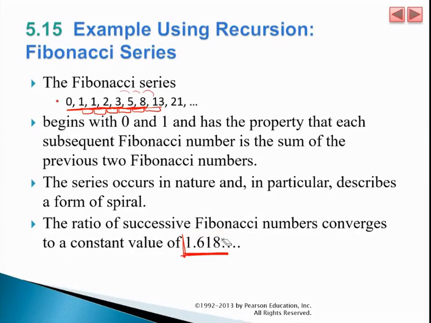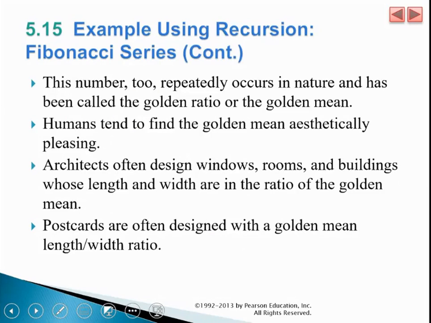This number repeatedly occurs in nature at many places, therefore it is called the golden ratio or golden mean. Architects design their windows, rooms, and buildings with length and width in this ratio. Even postcards are often designed in this ratio. Anyway, this is just extra knowledge I'm giving you.